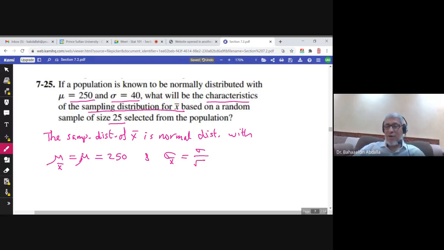It is sigma over square root of n, so it is 40 over square root of 25, because n here is 25. This is the sample size. So that's mu, and this is sigma X bar of this distribution.